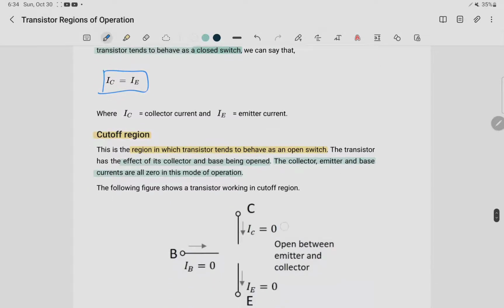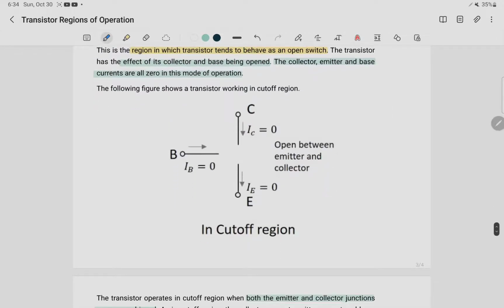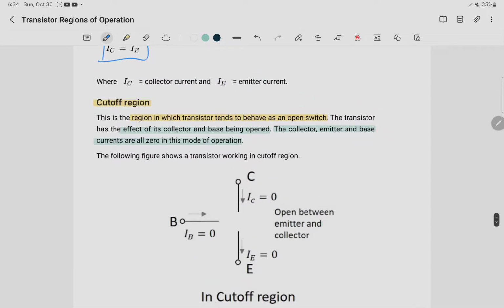Then the last region that we shall talk about is the cutoff region. The cutoff region operates when the diode is not biased. Remember, we said electrons are only able to flow through a junction when we bias it.